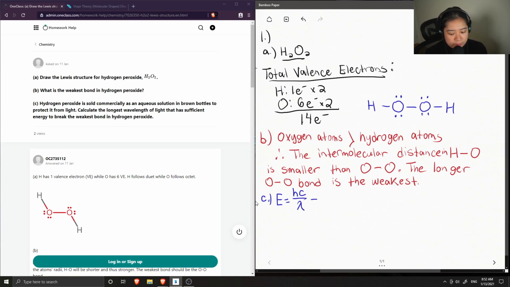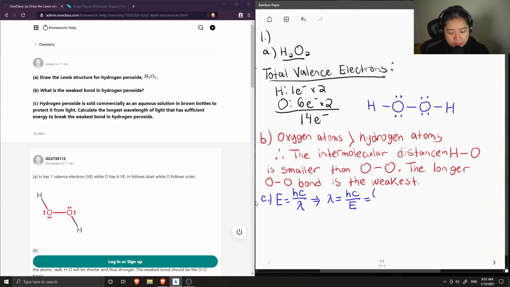So we can rearrange this equation and solve for wavelength. If we solved for wavelength, it would be hc divided by E.